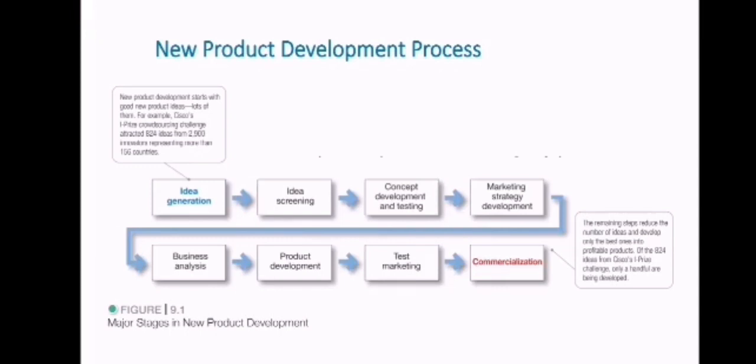For example, Cisco's iPrice crowdsourcing challenge attracted 824 ideas from 2,900 innovators representing more than 156 countries. Do you know Cisco? Cisco Systems Incorporated is an American multinational technology conglomerate headquartered in San Jose, California, in the center of Silicon Valley.